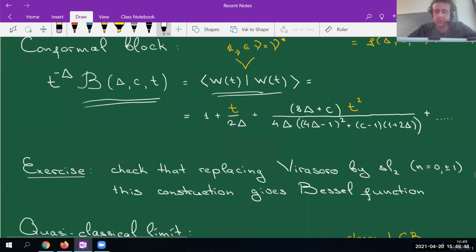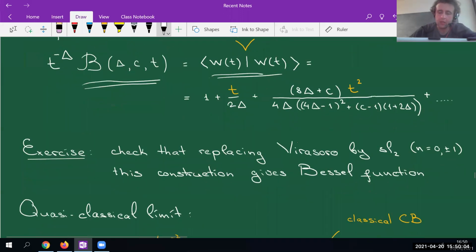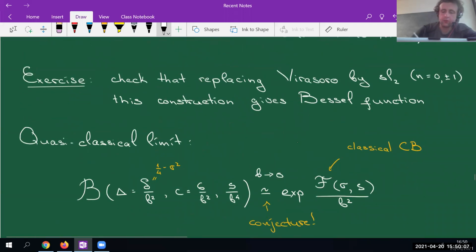Right, and so in our story we will need two special values of central charge. One value I have already mentioned: c equal to 1, which is relevant for Painlevé. And there is also a very interesting quasiclassical limit. This corresponds to sending the central charge and also the conformal dimension delta to infinity, but in a correlated way.